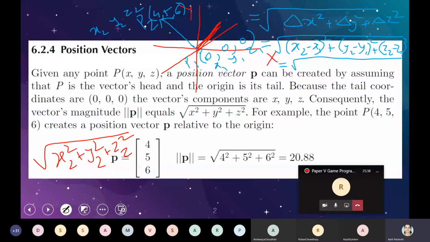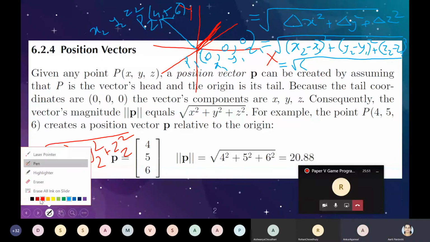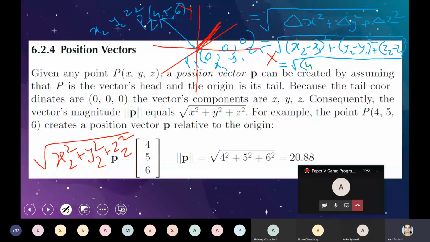Here we are going to drop in the values. What is the value of x2 for this vector? 4. Very good. So 4 is the value. Now what is the value of x1? 0. Very good.